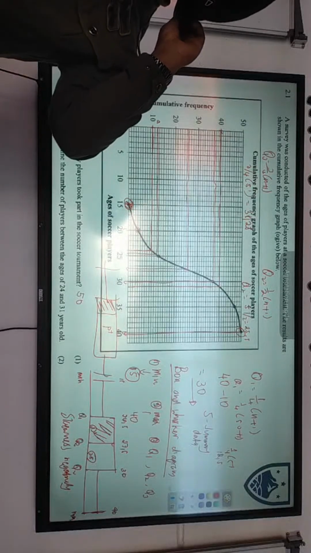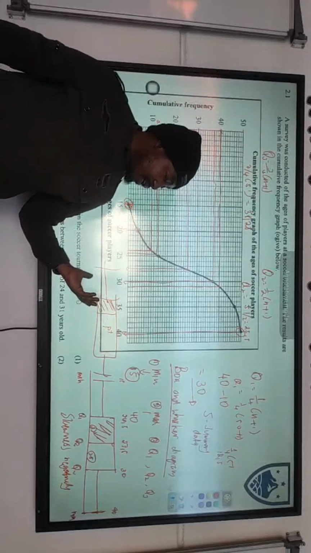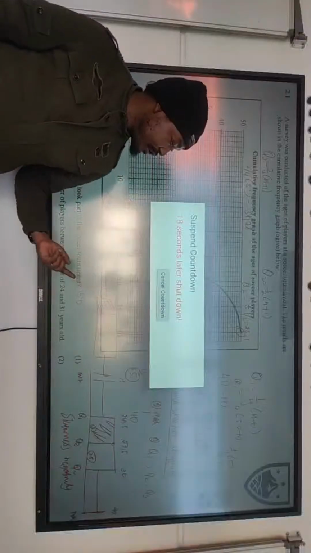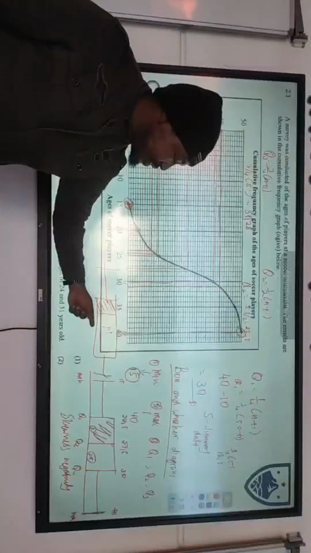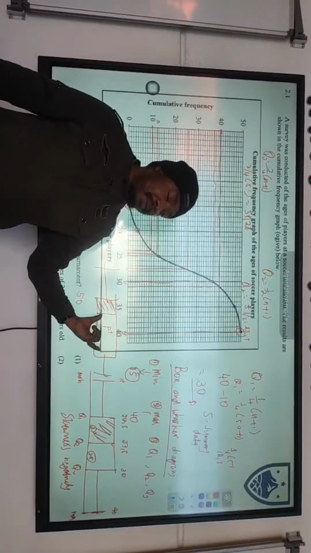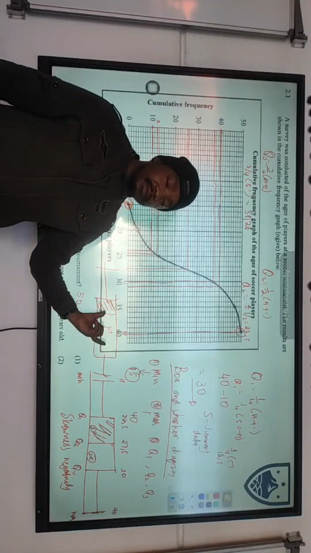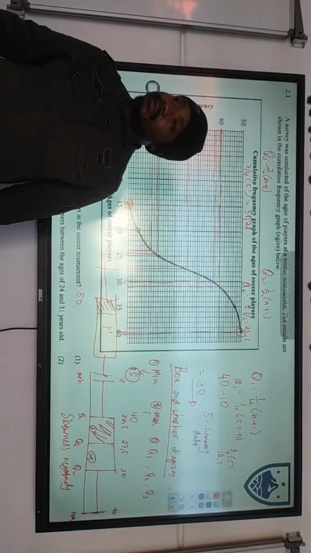Okay, with the skewness, you look at the biggest space as far as Q1, Q2, and Q3 are concerned. If you have a bigger space on the right hand side of the box, it means you are positively skewed or skewed to the right.